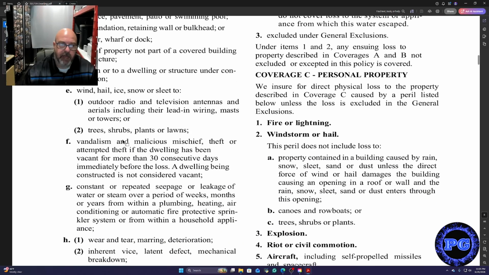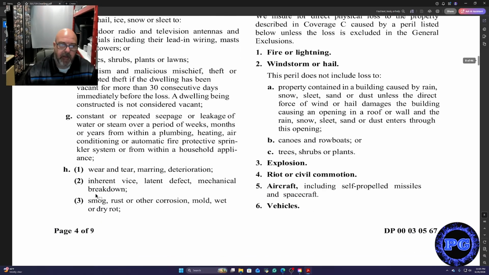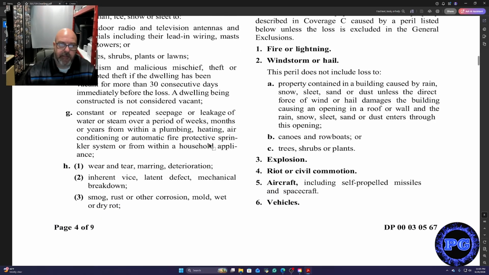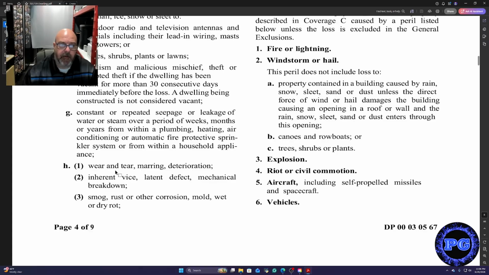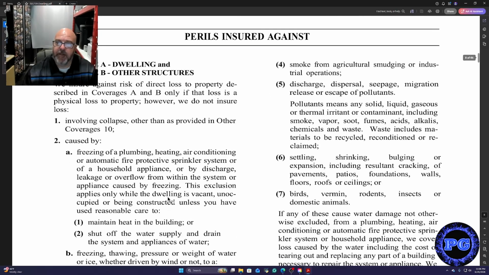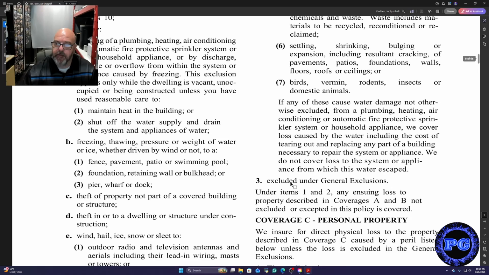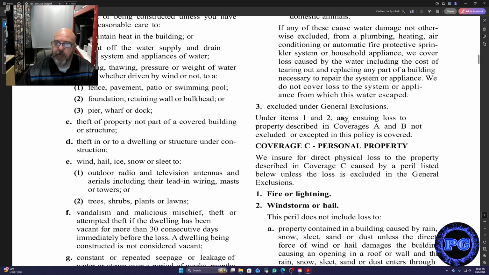So, vandalism, what's this also tell you? I'm not going to look for it, but I know it's not covering you, wear and tear on stuff. So, smoke and birds and excluded from general exclusions.